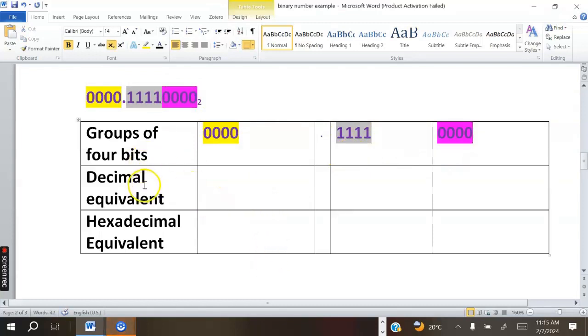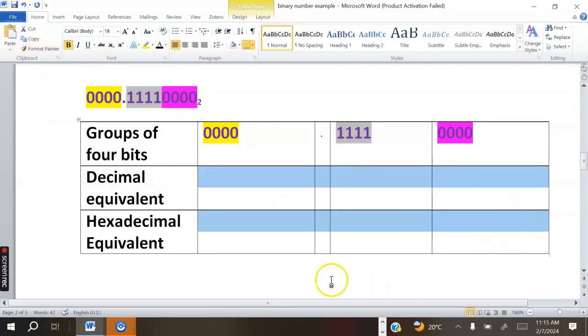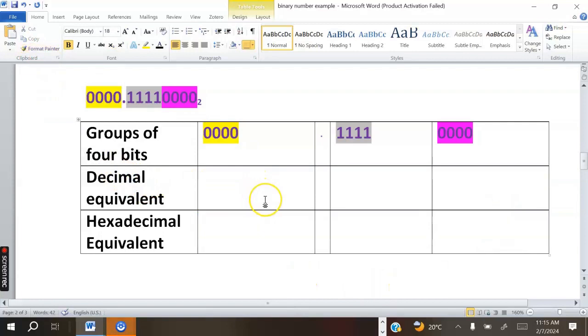Okay, the next step is to get the decimal equivalent. The decimal equivalent for 0000 is actually 0, a normal 0. Then we have this one, 1111.